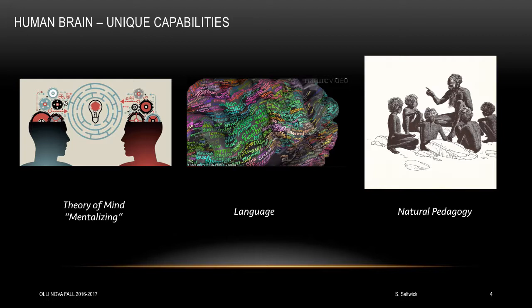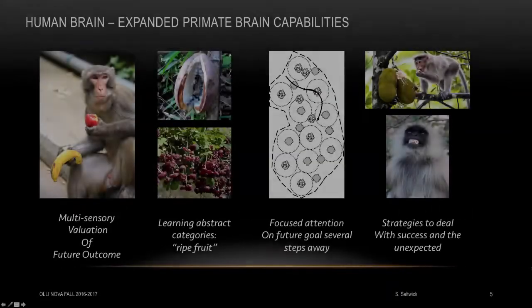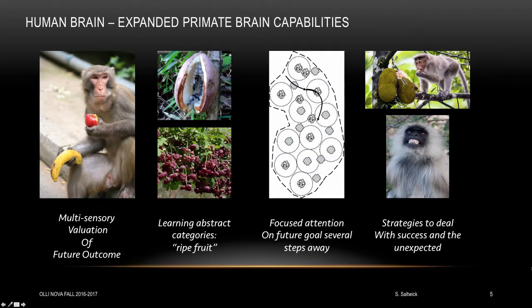In my reading of the literature, these 3 capabilities are the essential set of human unique traits that sets us apart from all other species, and that will be the focus of today's seminar. Now, the human brain builds upon expanded capabilities that we found in the primate brain, and we covered those in Seminar 4.